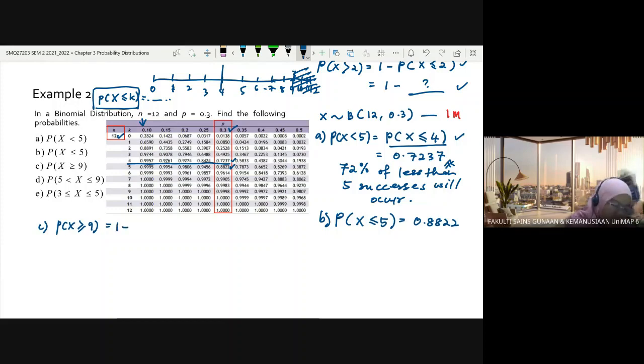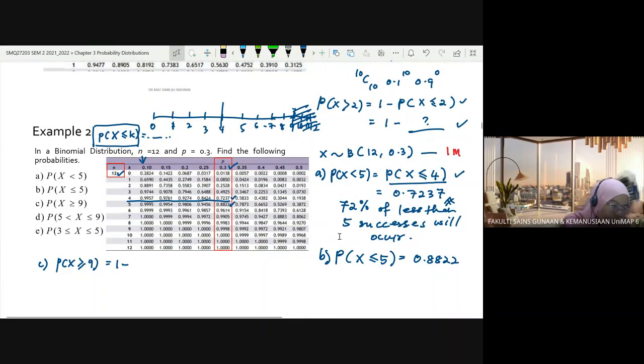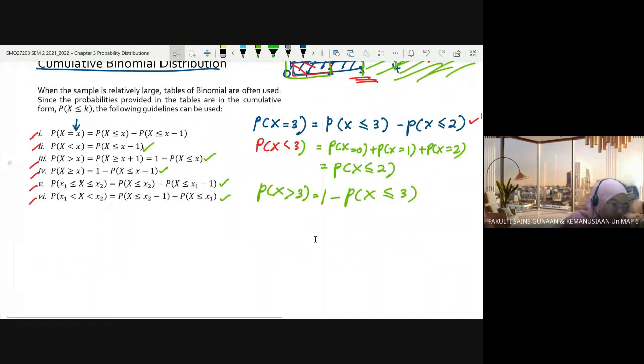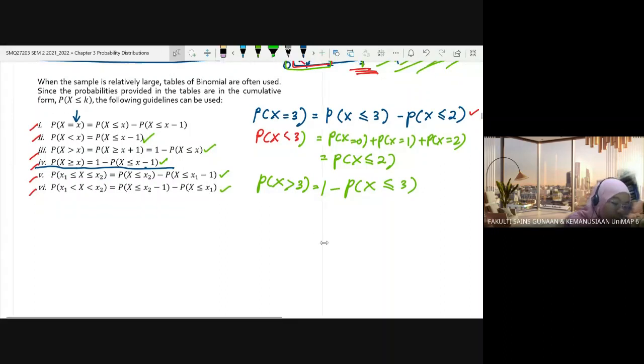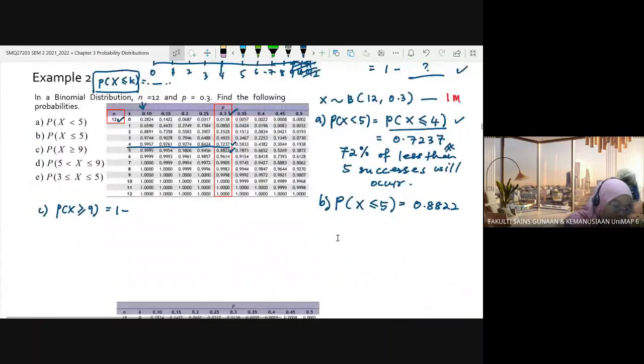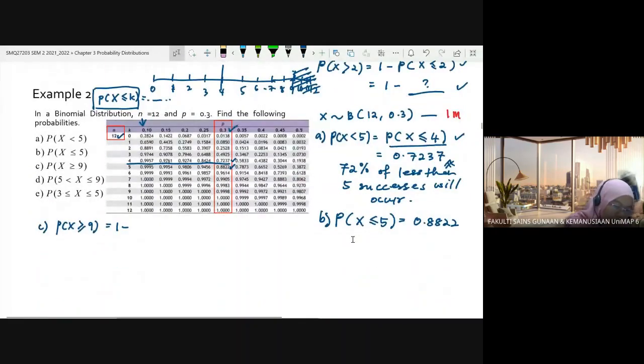So this will be 1 minus what? Go back to your formula again, formula number 4. Since 9 is included, we have to deduct 1, so it will begin from 1 minus P(X less than or equal to 8). So this becomes 1 minus P(X less than or equal to 8).